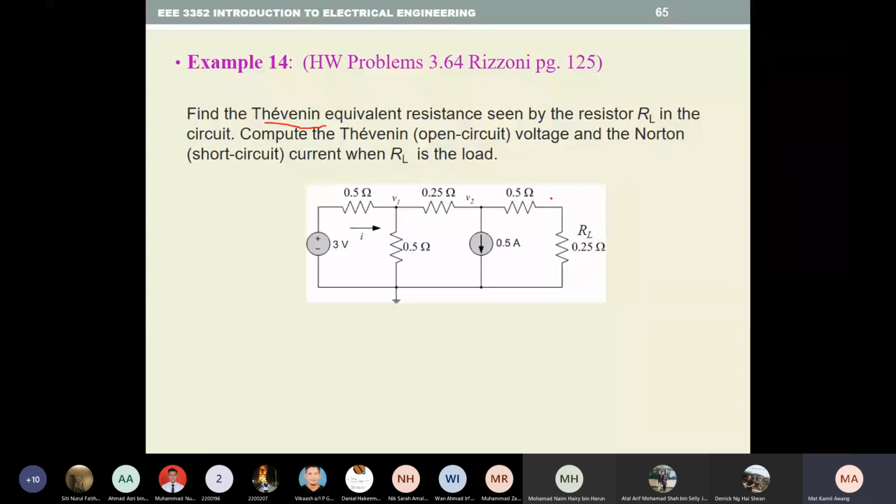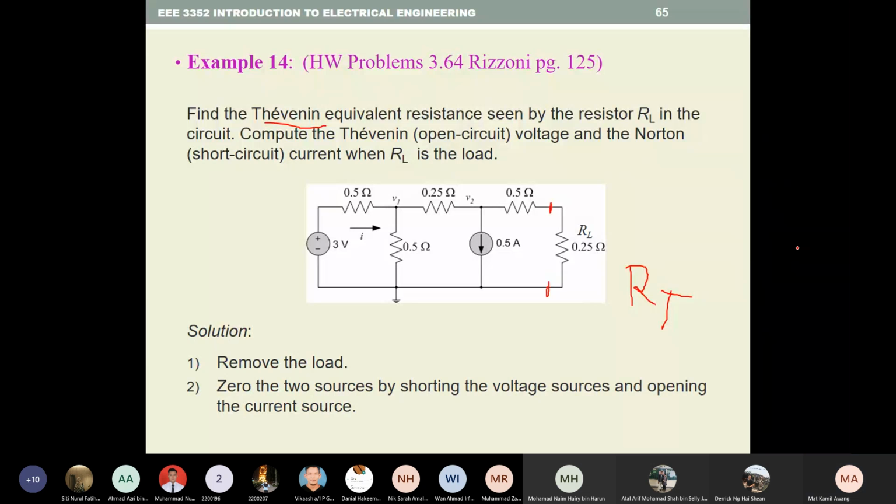The first step is that you find the R Thevenin seen from here. So what do you need to do? You need to take out this load, right?